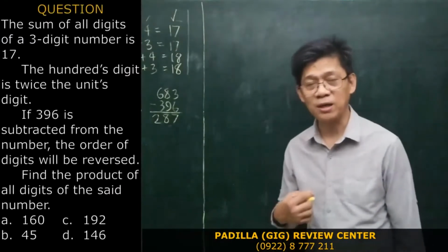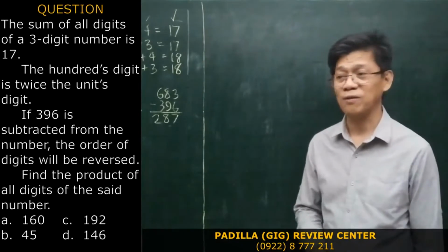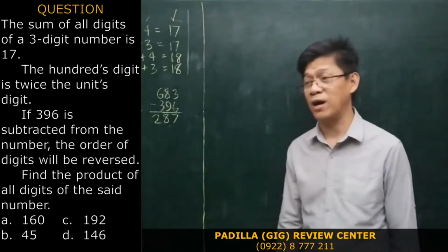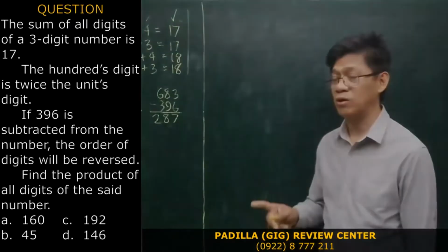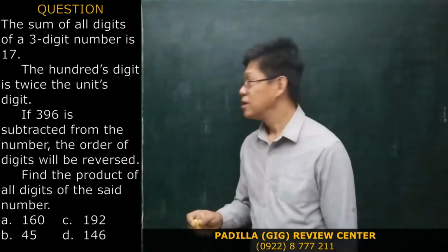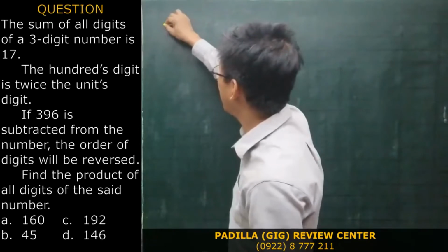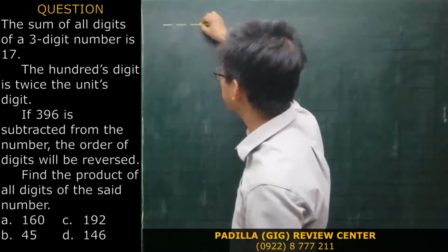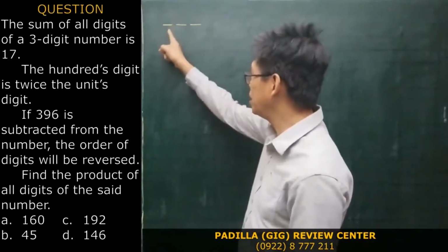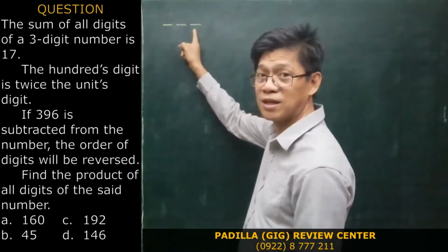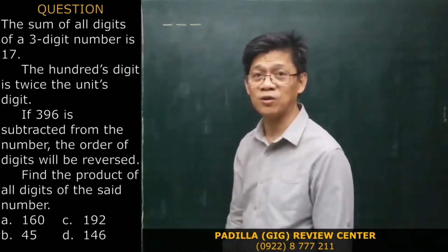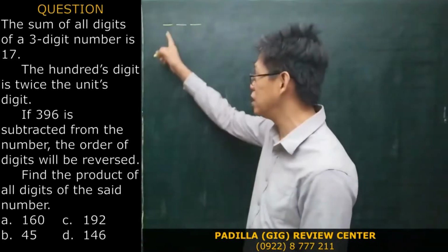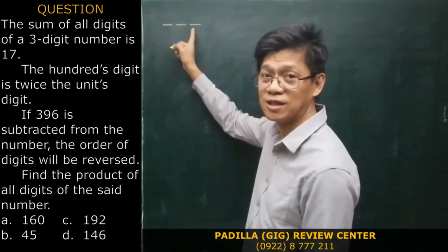Now, what do I mean by condition between the digits? For example, condition number 1: the sum of all digits of a 3-digit number is 17. So for you to capitalize on that condition and convert that to an equation, you need to represent each digit.